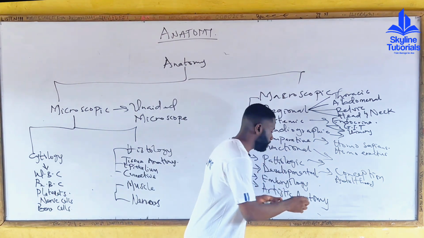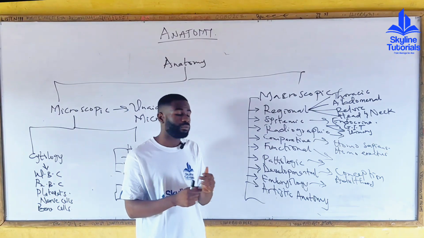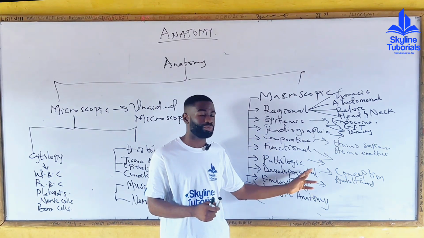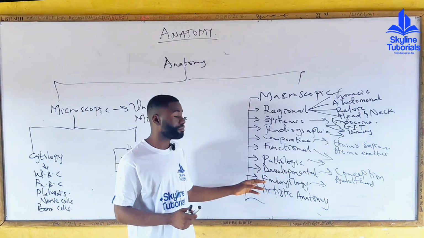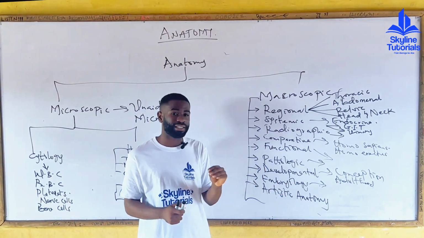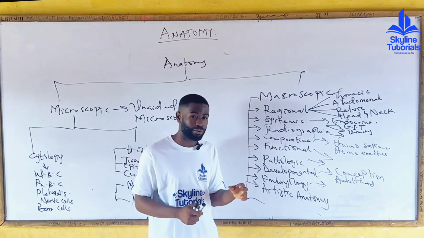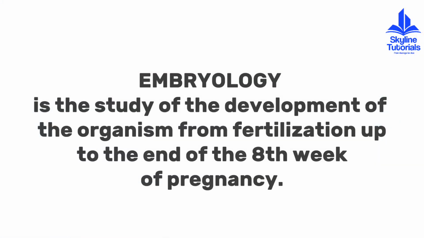The next is embryology. Embryology is often interchanged with developmental anatomy, but they have some distinctions. In embryology, we study the changes that occur from conception up to 8 weeks in intrauterine life during pregnancy.